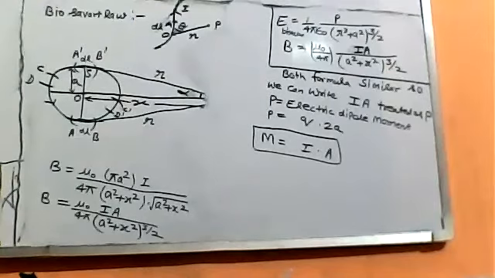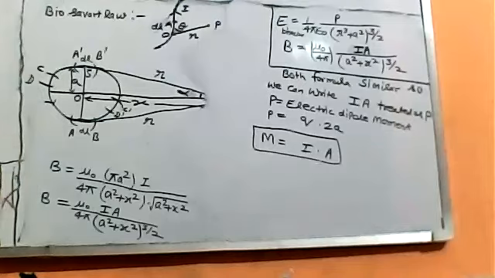Now, what is the unit of the magnetic dipole moment? Very easy. What is I? I is current. What is the unit of current? Ampere. What is the unit of area? Meter square.